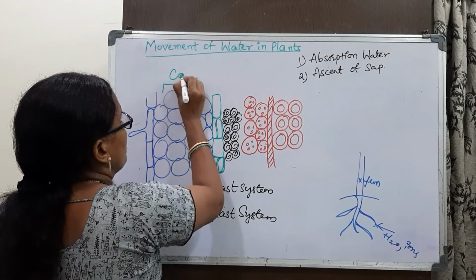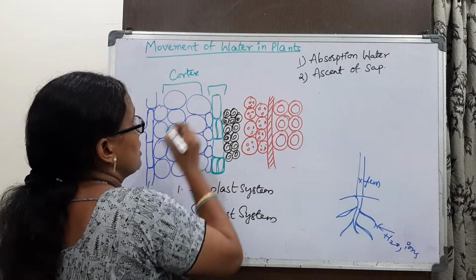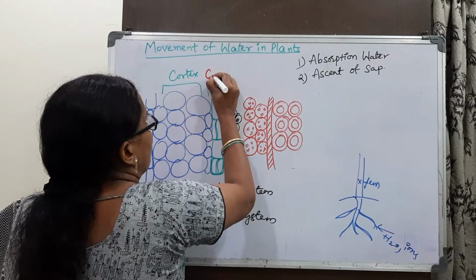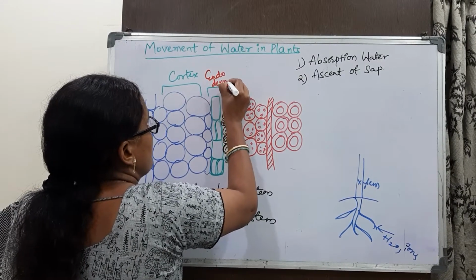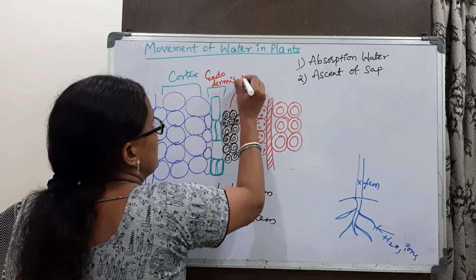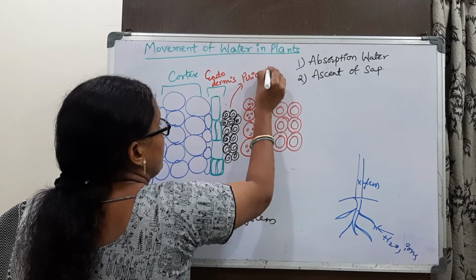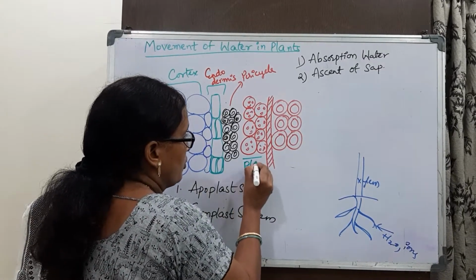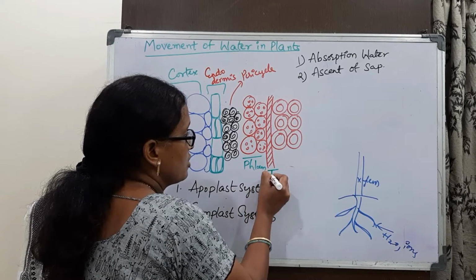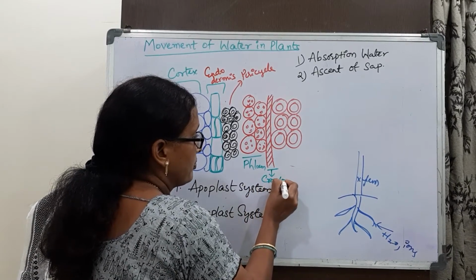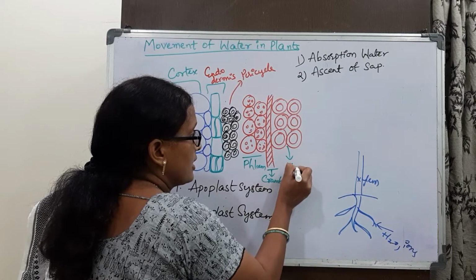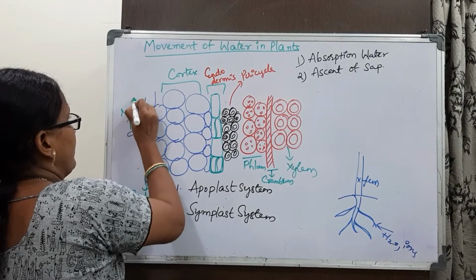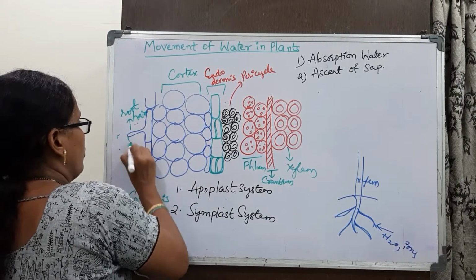This is the endodermis, this is the pericycle, and this one is the phloem. In the case of dicots we have the cambium, and this is the xylem. This is the root hair.